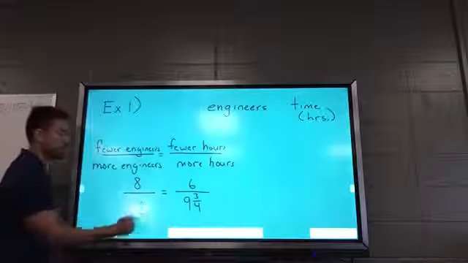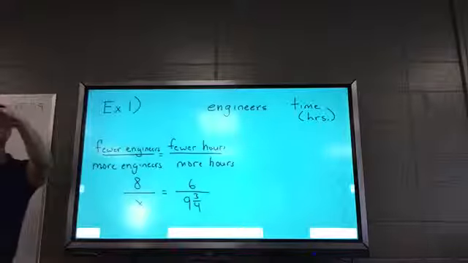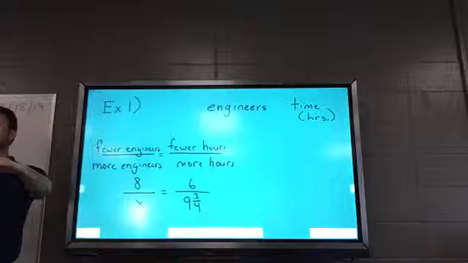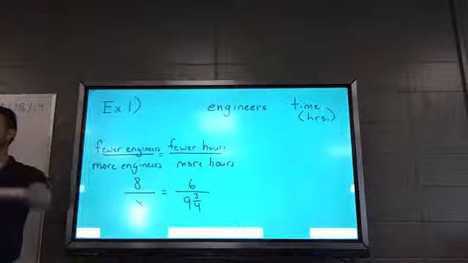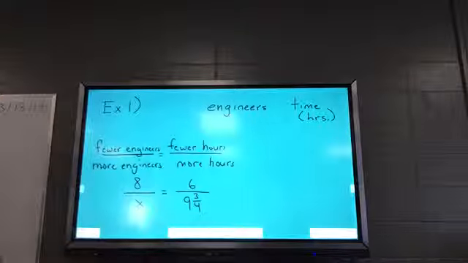So remember, 8 engineers, 9 3/4 hours. The time goes down. What happens to the number of engineers? It goes up. So you have 8 and some number above it, which is where we get these numbers.